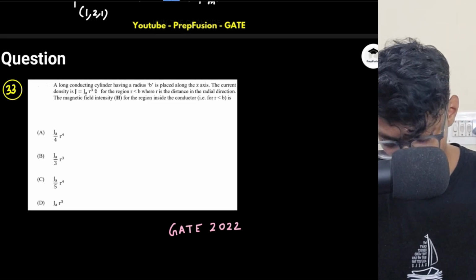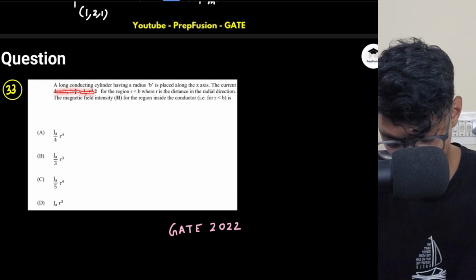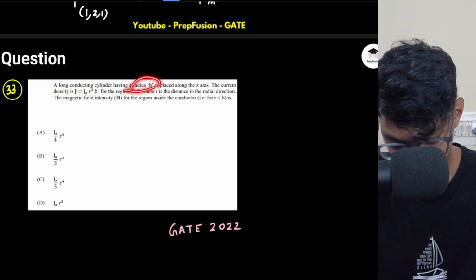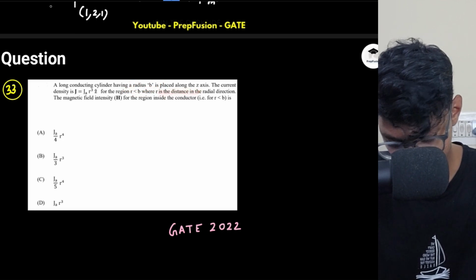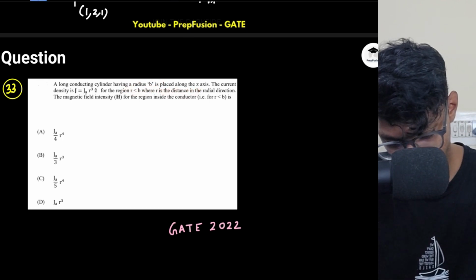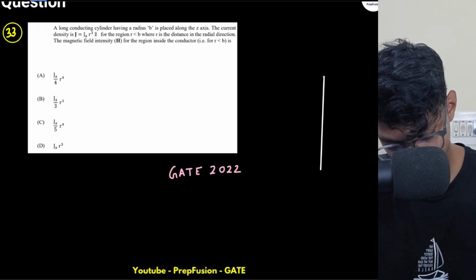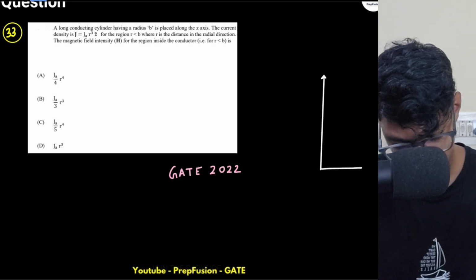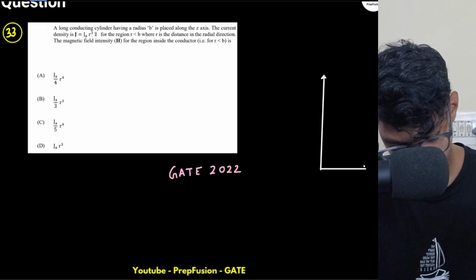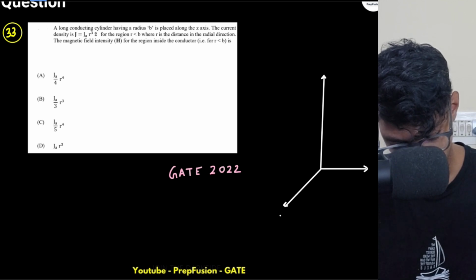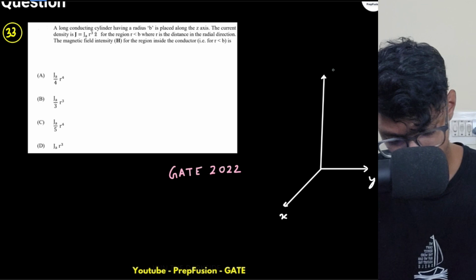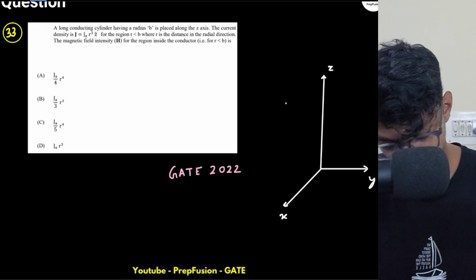So let's see this. A long conducting cylinder having a radius b is placed along the z-axis. So the z-axis is this. Assume the z-axis to be this. This is x, this is y, this is z, and a long cylinder is placed here.